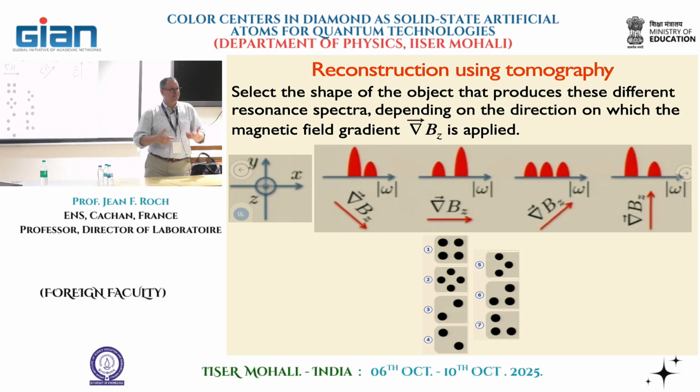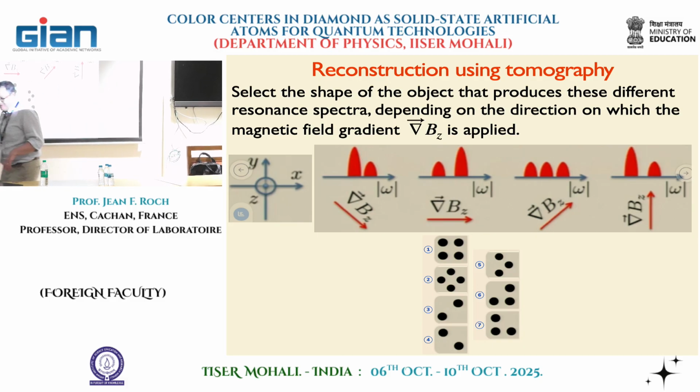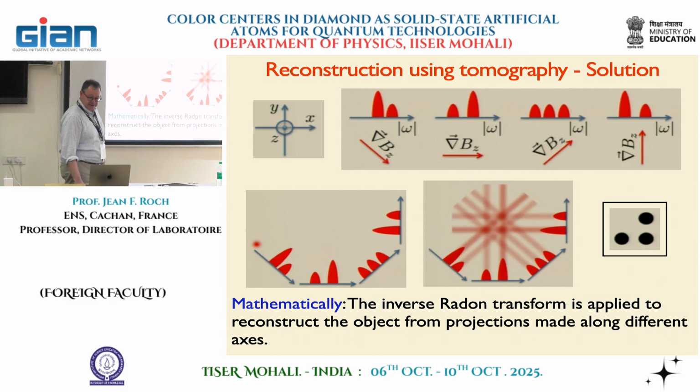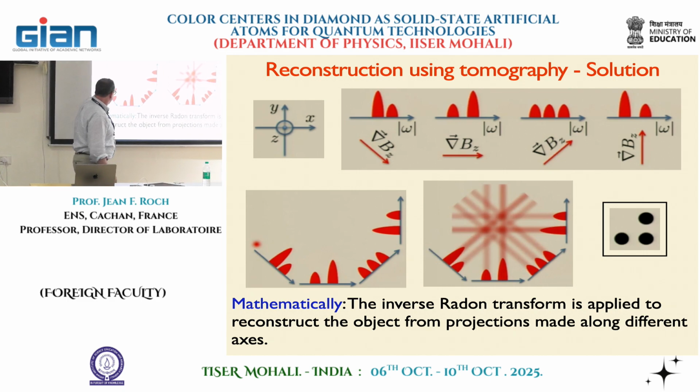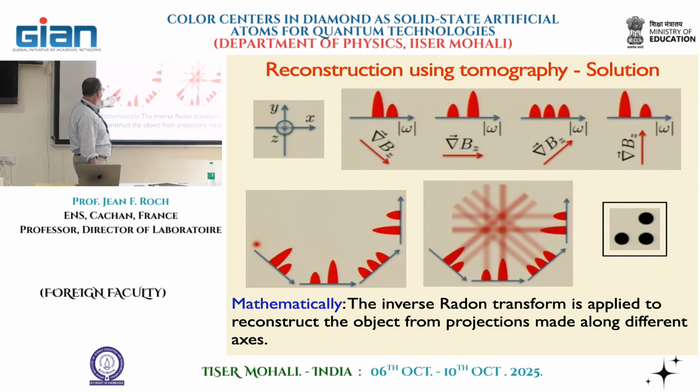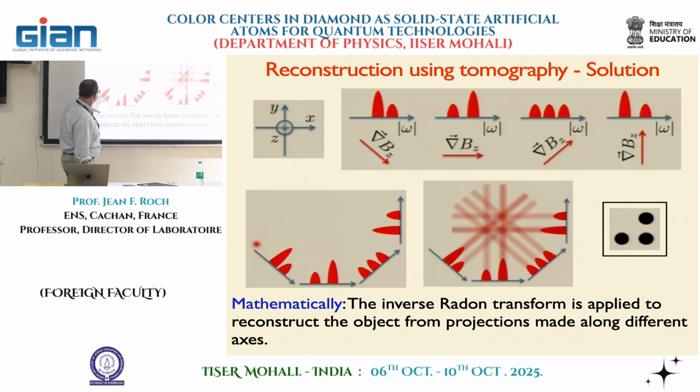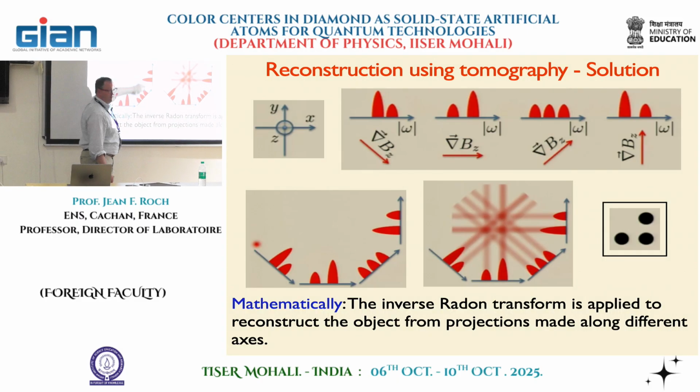So I can play with that. And if you do that, then you can use this information to put the signal here, you see? Like this and this and this. And then somehow you get the projection. And you know that here you will have something which is twice the intensity.